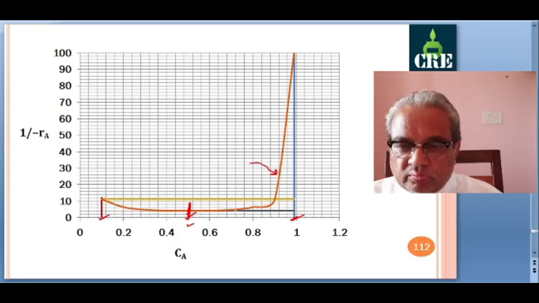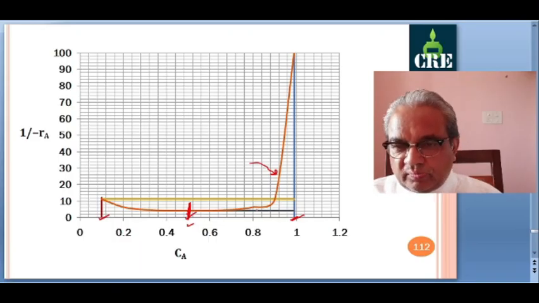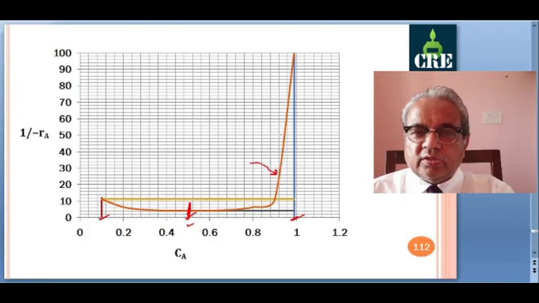You can try drawing the tangent also, but there is no guarantee that this is the best solution. You may have a best point somewhere else. There may be more than one best point, as we have already seen. So you have to use your judgment, some trial and error, and find the best situation, that is, total volume should be minimum.